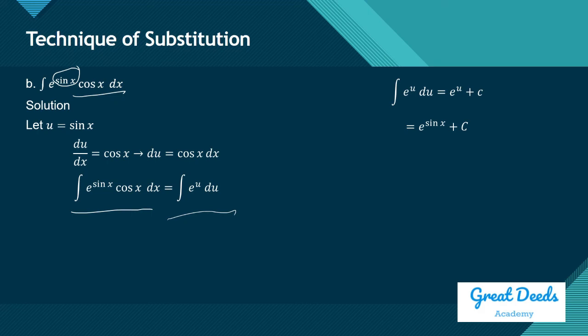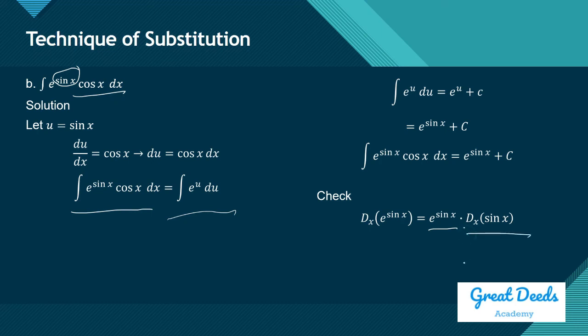Now, do you want to check if your answer is correct? Well, you get the derivative of e to the sine of x. Applying your chain rule, this becomes e to the sine of x times the derivative of sine of x. And what is that? That is cosine of x.